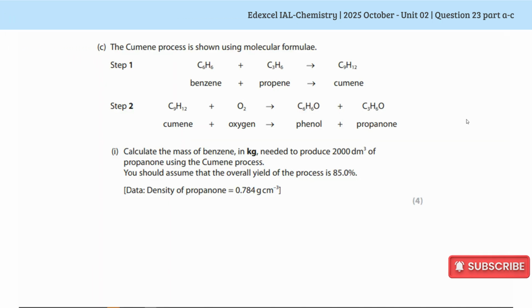You should assume that the overall yield of the process is 85%, and the density of propanone is 0.784 grams per cubic centimeter, which is equivalent to 0.784 kilograms per cubic decimeter.